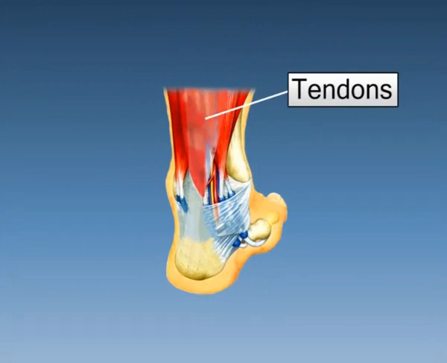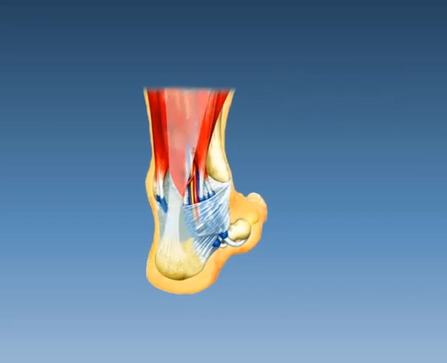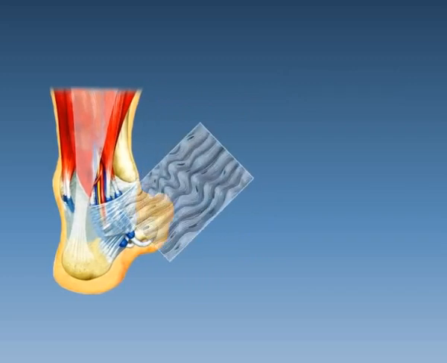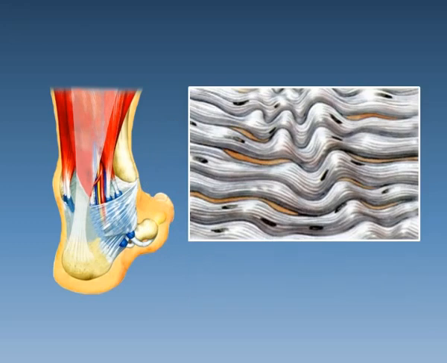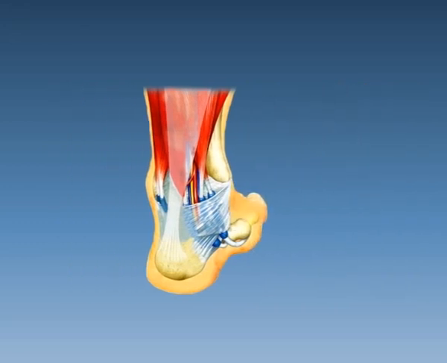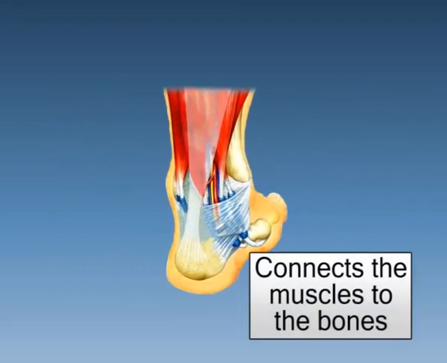A tendon is a tough band of fibrous connective tissue. It is very thick, dense, and a strong connective tissue which is composed of white collagenous fibers. The tendon is the structure that connects the muscles to the bones.